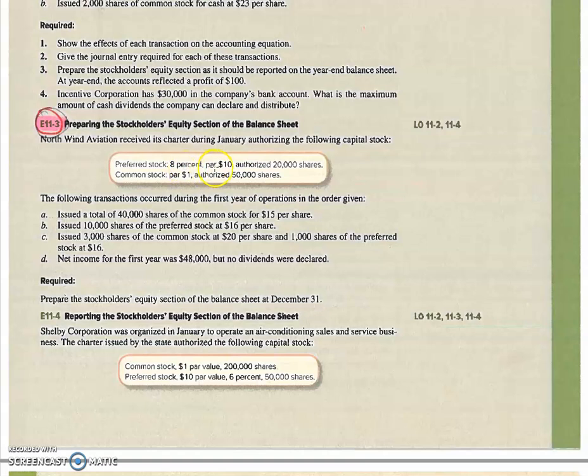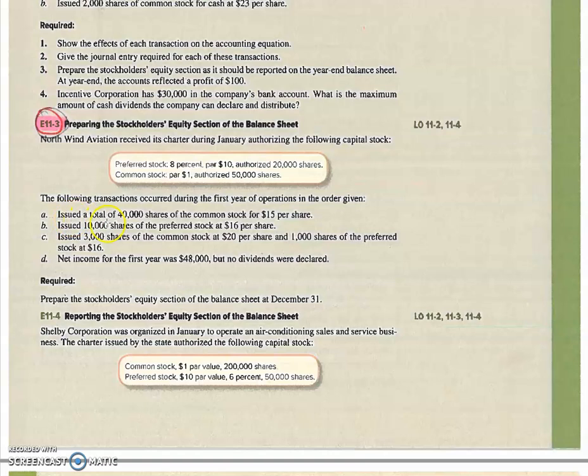So they have 8%, $10 par preferred, 20,000 shares authorized, and common stock $1 par, 50,000 shares authorized. The following transactions occurred during the first year of operations in the order given. So we're to prepare the stockholders' equity section of the balance sheet. So we're going to reconcile beginning and ending balances of all the owner's equity accounts.